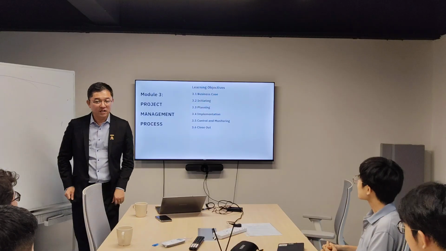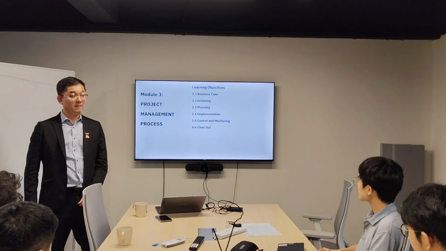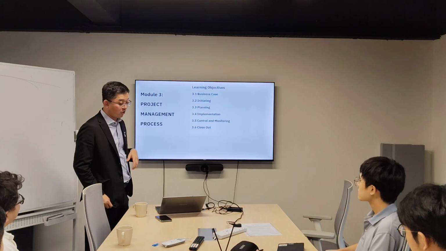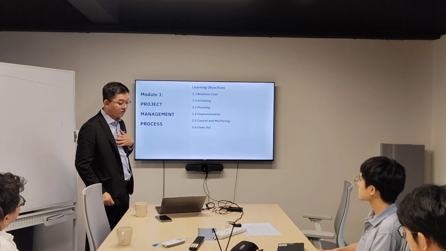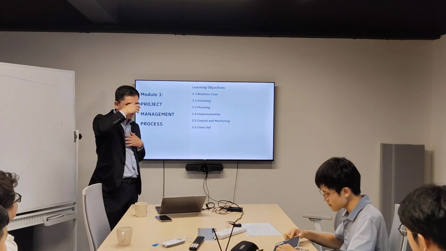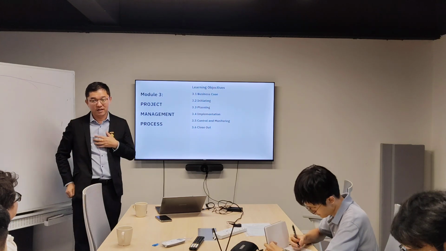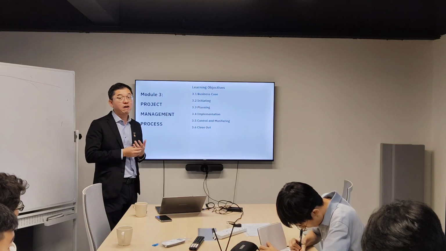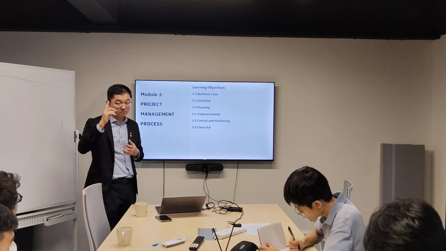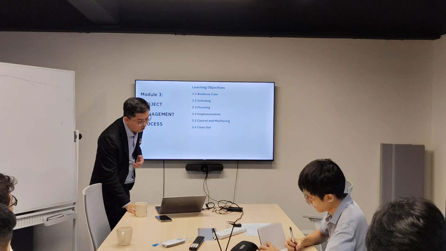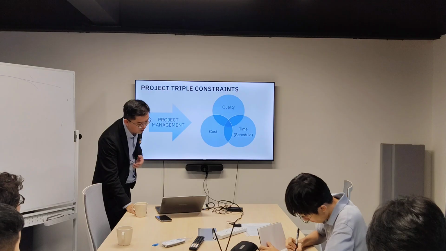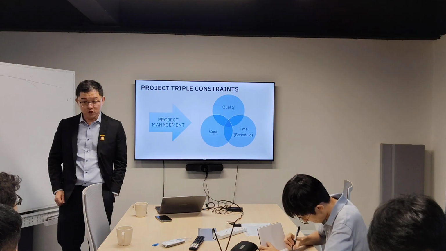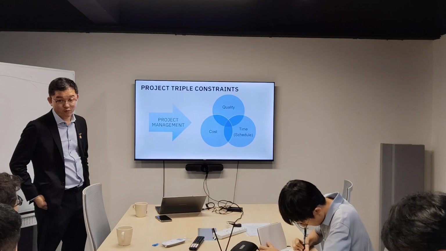Just now we talked about the key performance areas that we want to meet. Now we are talking about the project management process, which is the 5 processes. But before the 5 processes, the first thing that we need to have when you start a project is your business case. You need to know what you want to do.